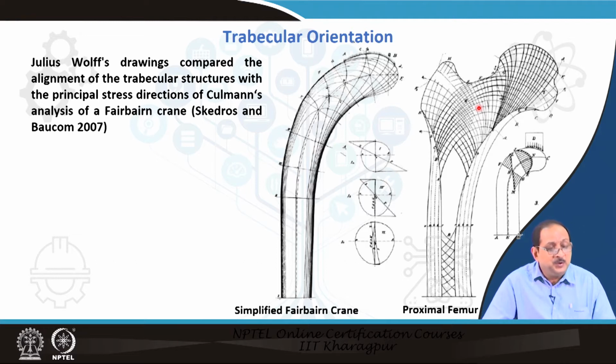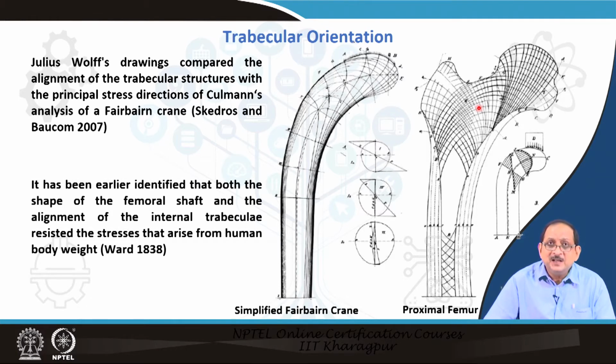The trabecular orientation or architecture in the proximal femur appeared to be somewhat similar to the principal stress directions in the simplified Fairbairn crane structure. It has been earlier identified that both the shape of the femoral shaft and the alignment of the internal trabeculae resist the stresses that arise from human body weight during physiological activity.